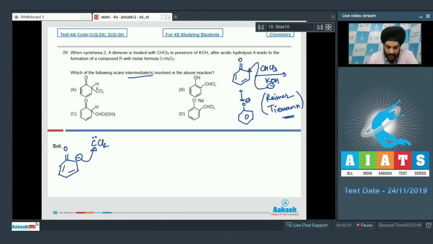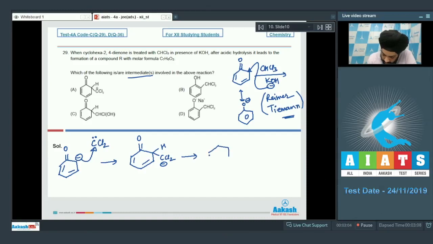It has a vacant p orbital. So this is going to lead to the formation of this intermediate, students. Now there will be an intramolecular proton transfer from the cyclic carbon to the acyclic carbon, which is present outside.